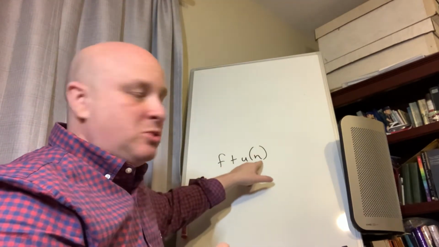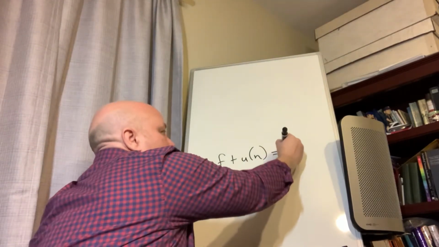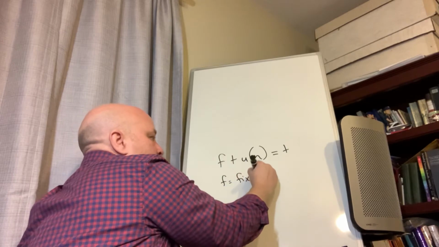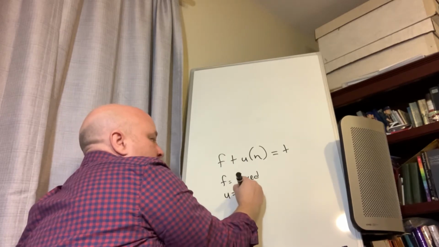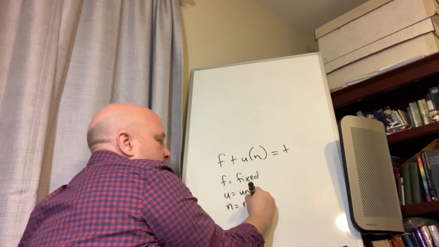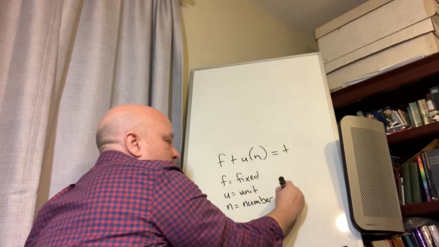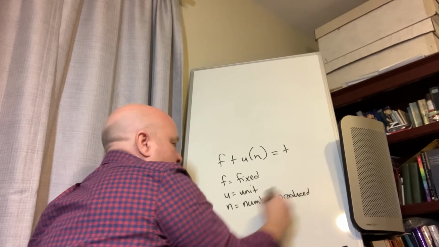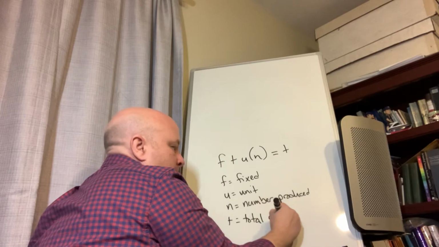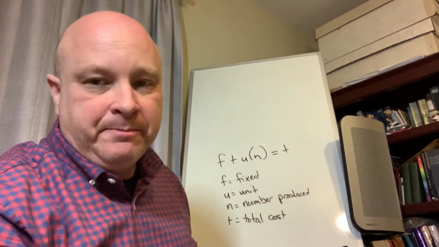F plus U times N equals T. So F is fixed, U is unit, N is number produced, and T is my total cost. All right?